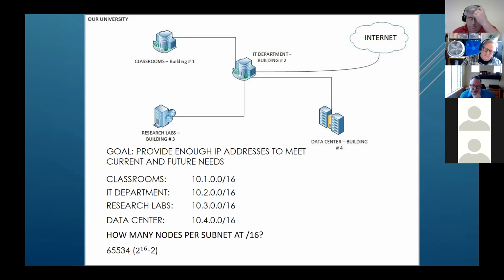Peter, is this under the same network? Like for Wi-Fi, are we going to have the same SSID, or does each subnet have a different SSID? You can do it however you want.